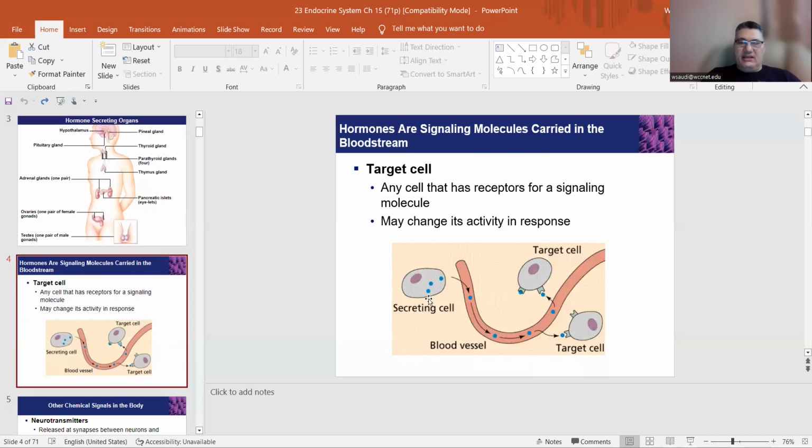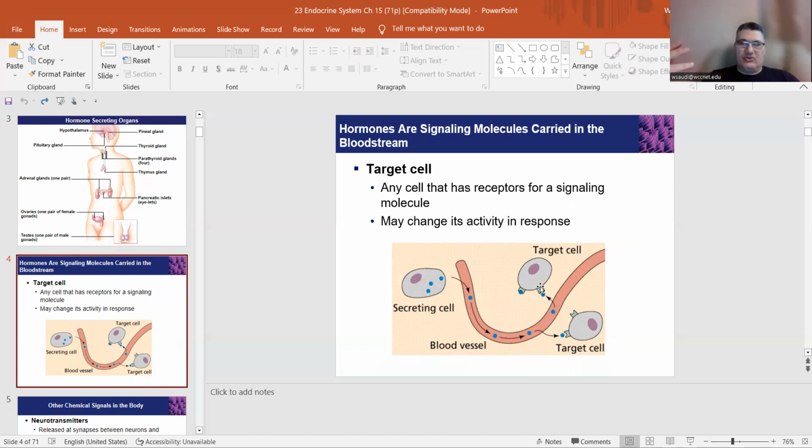Here are the secreting cells or the endocrine cells making the secretion. It's endocrine. There is no duct. It goes in between the cells, reaching the blood. It goes through the blood and goes to the target cells. And in order to interact with the target cells, they need receptors. Otherwise, it will not be able to do so.